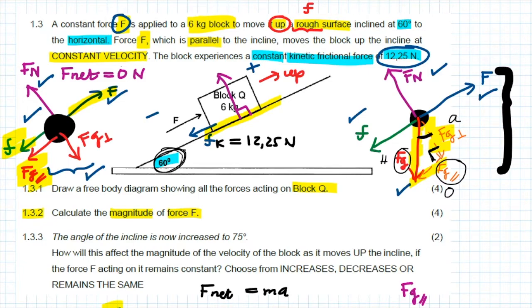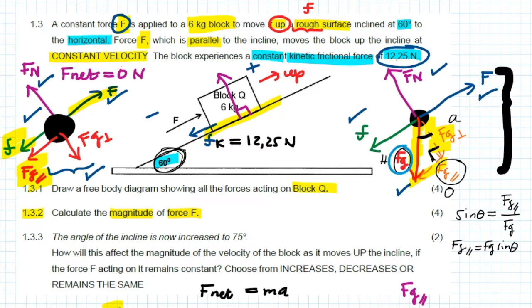So if we're trying to find the opposite side, we're going to say sine theta is equal to the opposite, Fg parallel, over the hypotenuse, which is Fg. In other words, Fg parallel is equal to Fg sine theta. I like to remember that when I'm trying to find the opposite side, I'm going to use the resultant.